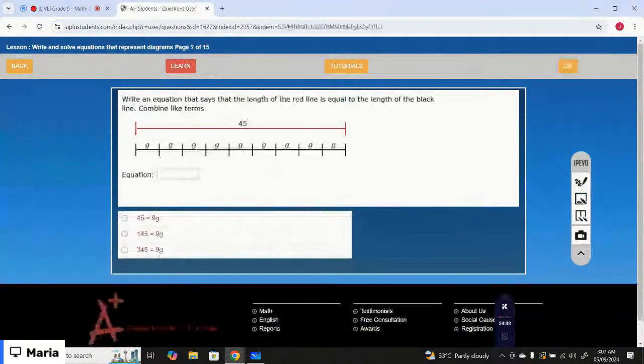Okay, the next one is, so the correct option is option number 1, that is 9g equals 45.